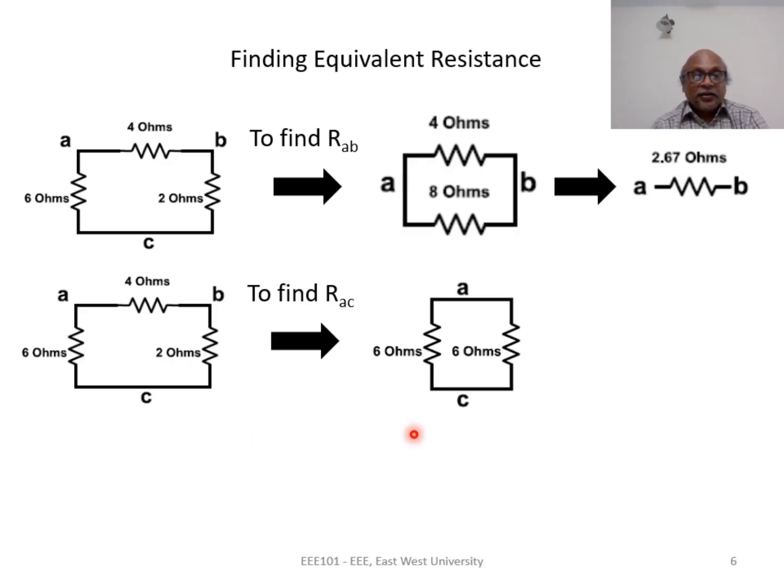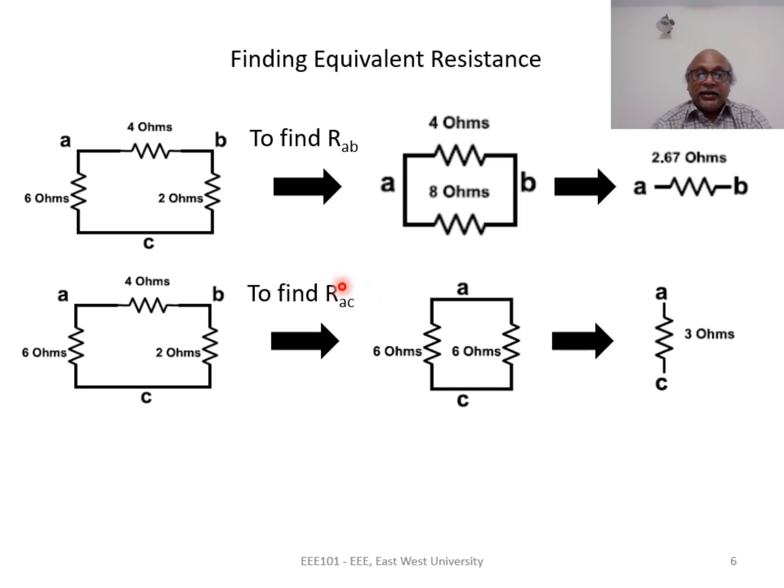So we have this 6 ohms, and the 4 ohms and 2 ohms together give us another 6 ohms. So we can see here that 6 ohms and 6 ohms are in parallel. Again, not all three resistances are in series. We can combine two 6 ohms in parallel, and the equivalent is 3 ohms.